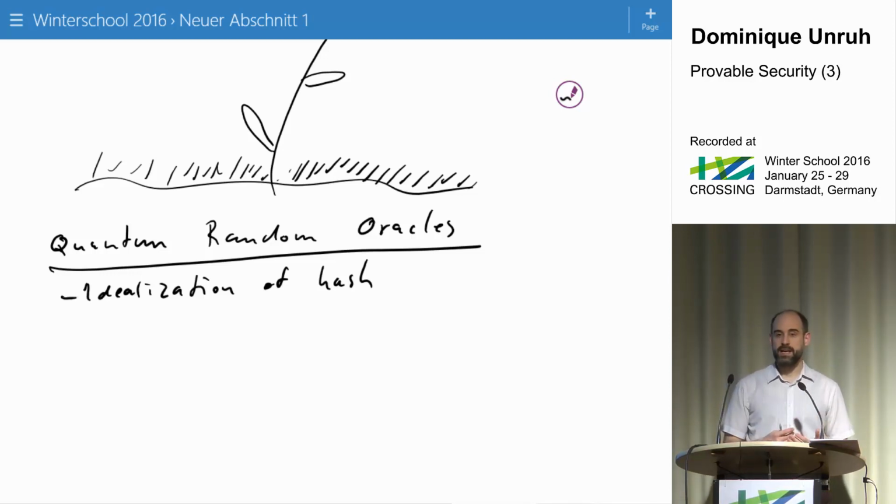With a random oracle we say, since a hash function is basically just some random stuff, let's just formalize this fact. Let's just say, we analyze our protocol, but instead of using a hash function, we use a totally random function.